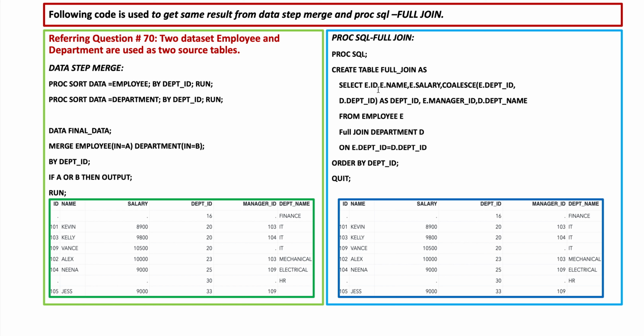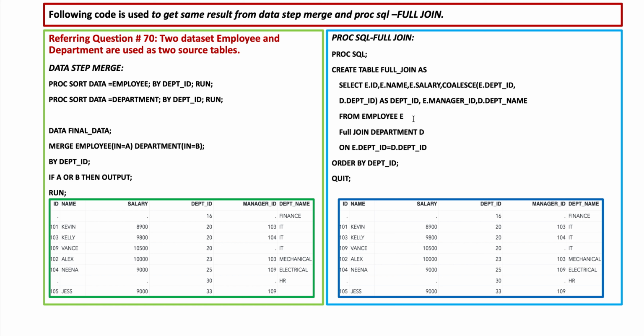Select e.id, e.name, e.salary, the coalesce function is used, e.department ID, d.department ID, and it is renamed as department ID, e.manager ID, and finally d.department name. Here E and D indicate alias names for the employee table and department table respectively.